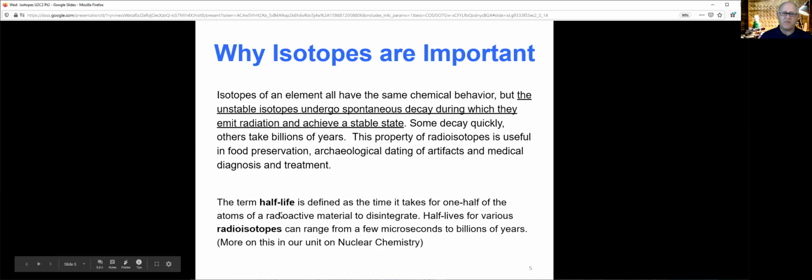So the term half-life, and that's a vocabulary term for you to use, is defined as the time it takes for 1/2 of the atoms of a radioactive material to disintegrate. Half-lives for various radioisotopes can range from a few microseconds to billions of years. We're going to learn more about this decay in our unit on nuclear chemistry coming up next.